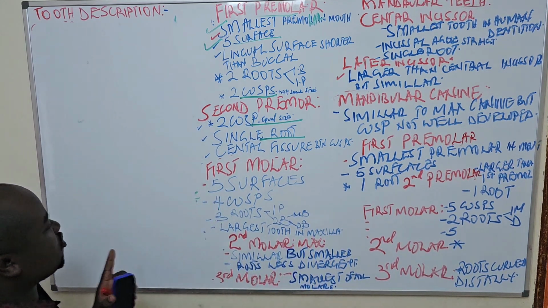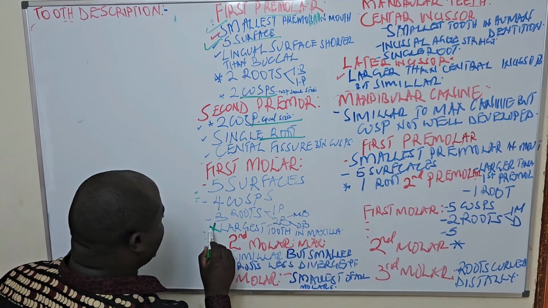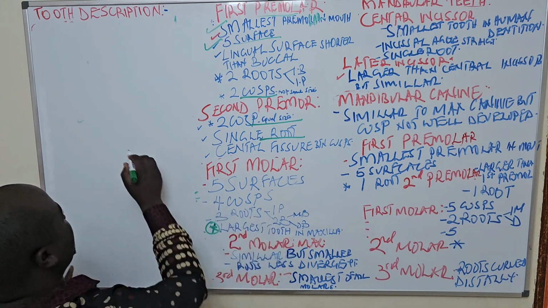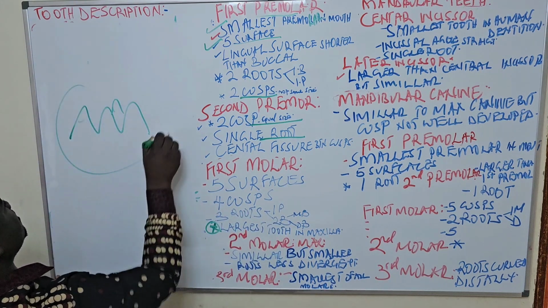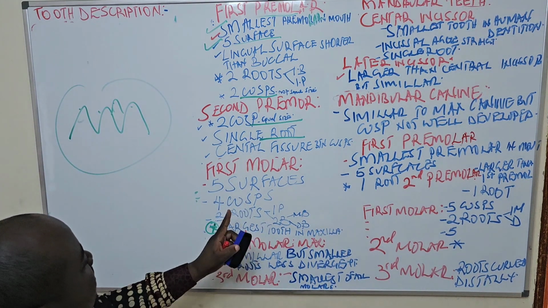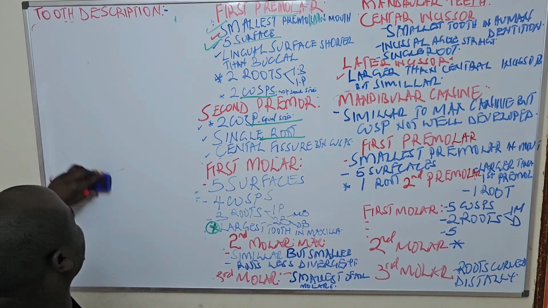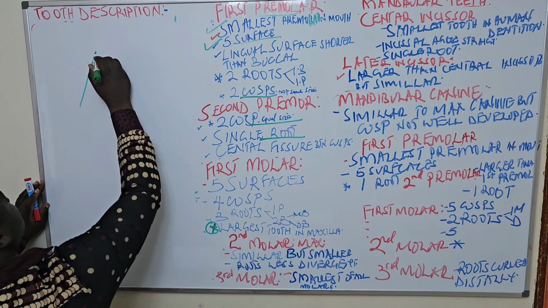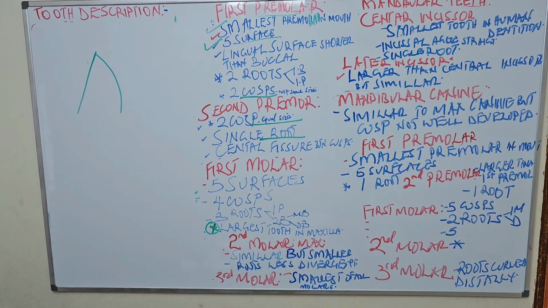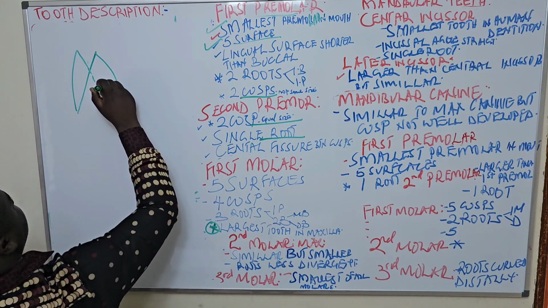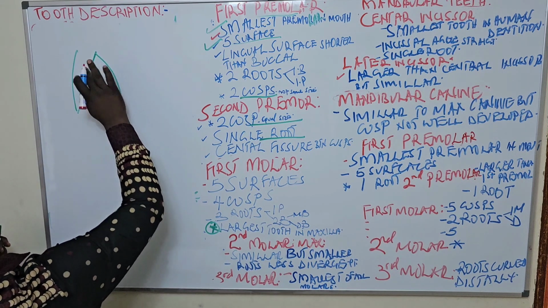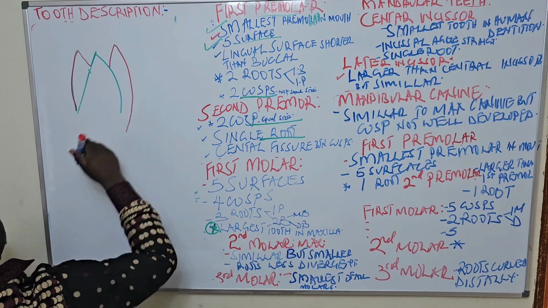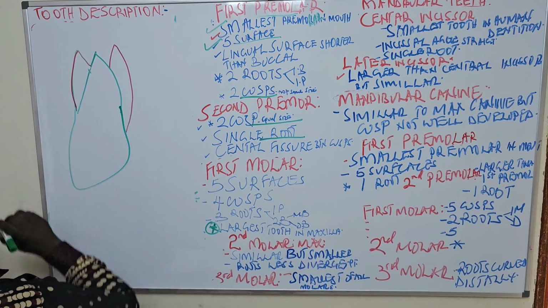The first molar is the largest tooth in the whole maxilla. Very important, largest tooth. It has 4 cusps. We talked about cusps. It has 4 cusps: 1, 2, 3, 4. It has 3 roots. I need to explain that one very well. It has 3 roots, meaning one root is like that, and another root is like that.